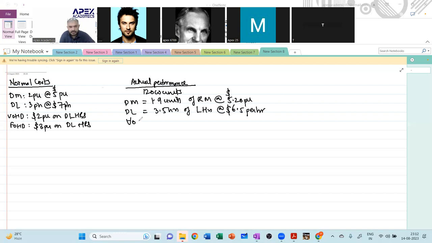Variable overheads actually incurred are $65,000. Fixed overheads actually incurred are $100,000, right? That's where we are at.